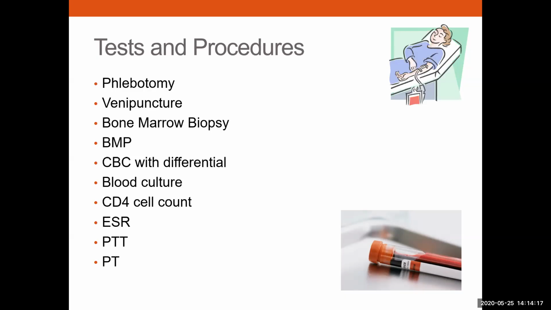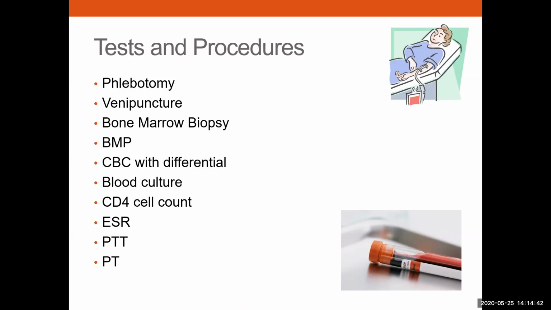The BMP is a basic metabolic panel. That's where we're looking at blood that is part of what we call the chemistry. So we would look at the potassium and sodium, and it doesn't quite give us all the electrolytes that we would see with a CMP, which is a comprehensive metabolic panel.